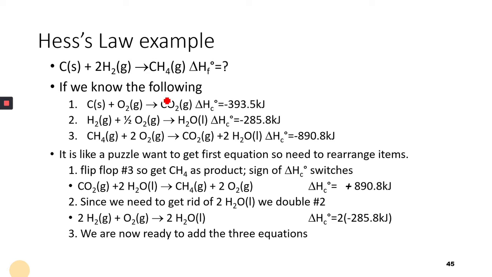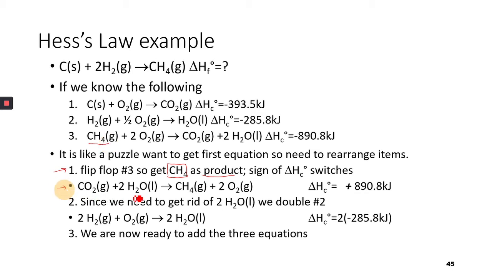First thing you want to look at here is you need to get methane as a product. Is methane in any of these reactions? Yes, it is right here. But it's a reactant, so it's on the wrong side of the equation. So we have to flip this equation and write it in reverse. That's what I did here.